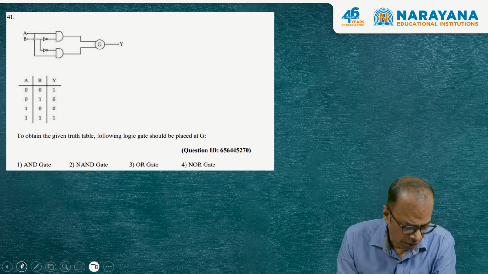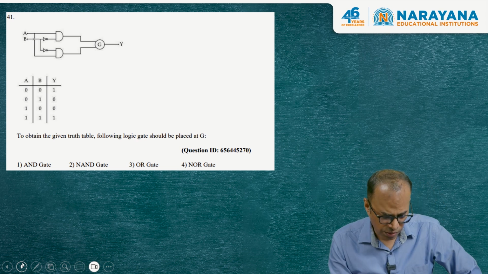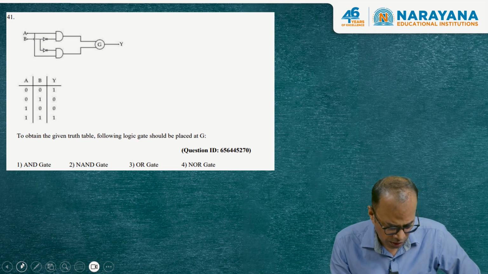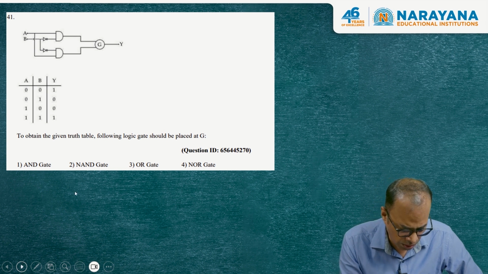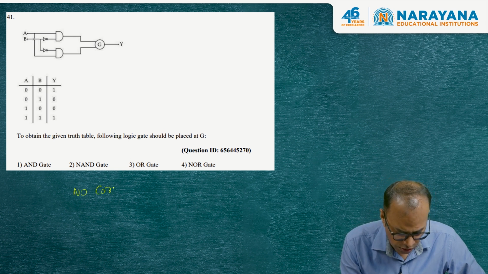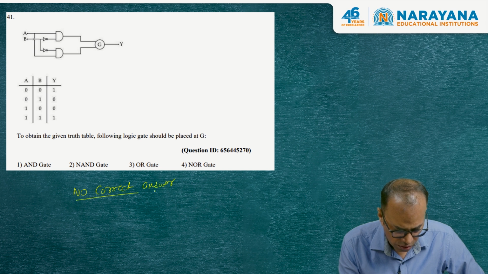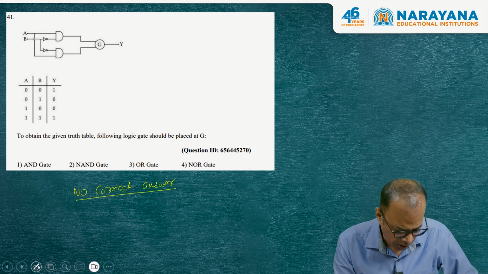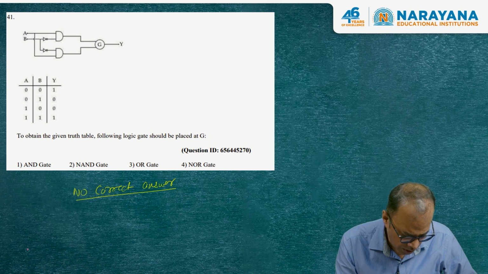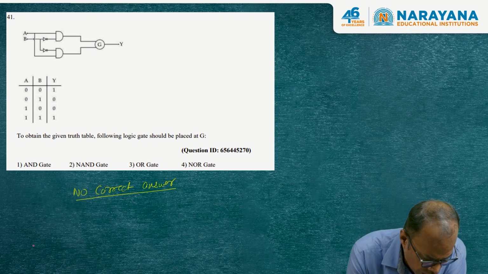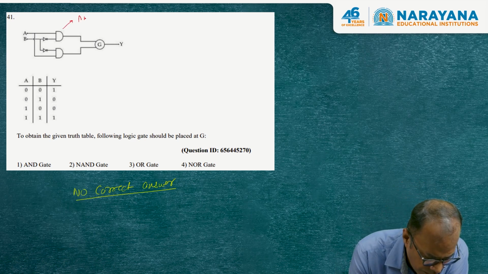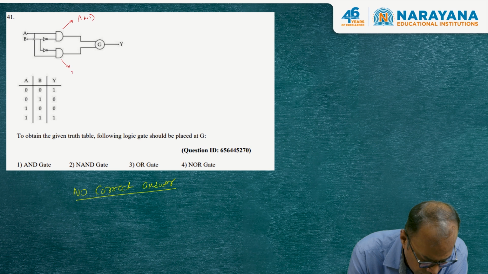Okay, question number 41. This is a question which actually wasted a lot of time for many students. There is no correct answer to this question. I will just explain what is the problem in this question. You see this is an AND gate and this is also an AND gate.